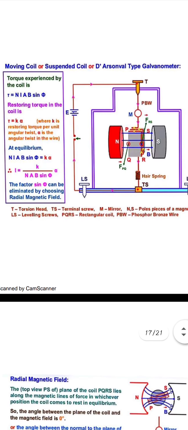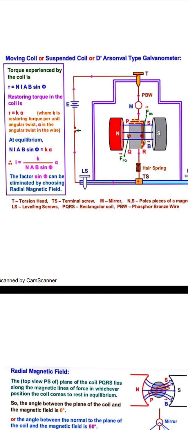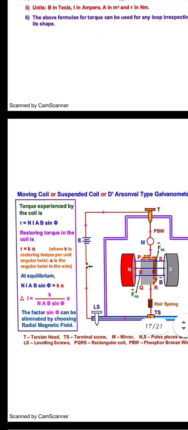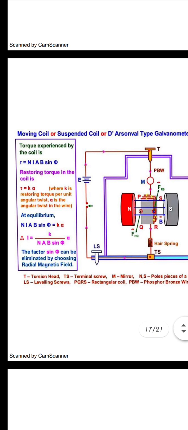So the torque is given as in the last derivation: you have seen that it is NIA sin theta. So here similarly NIAB sin phi. Here the torque acts in one direction, then the coil rotates, and then it will come back. So there will be retorsioning. Torsion acts in the opposite direction. It is given by the restoring torque: the coil moves forward with an angle, and again moves backward, and the angle is alpha.